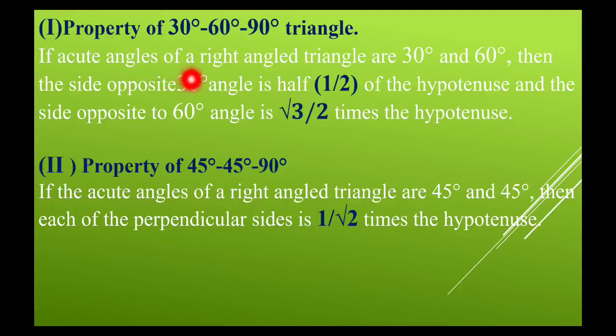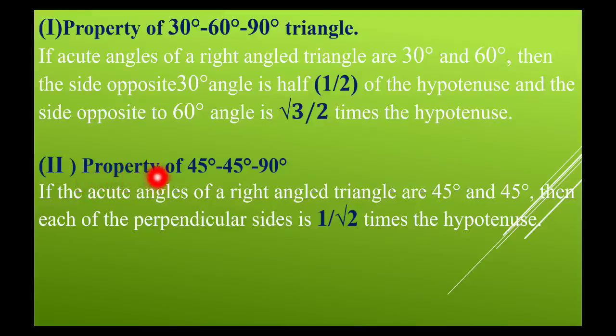If the acute angles of a right angle triangle are 30 and 60, then the side opposite the 30 degree angle is half of the hypotenuse, and the side opposite to the 60 degree angle is root 3 upon 2 times the hypotenuse.